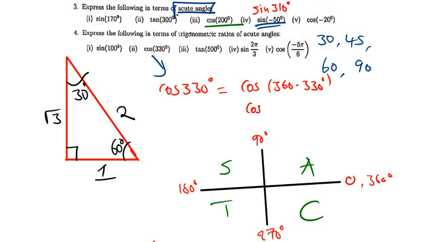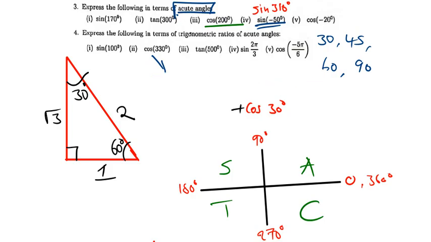That's cos theta. Now cosine is positive in the fourth quadrant, so it will remain positive. Now cosine 30, using the triangle that I've drawn on the left, we can find the ratio there.